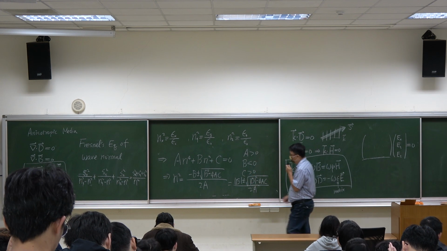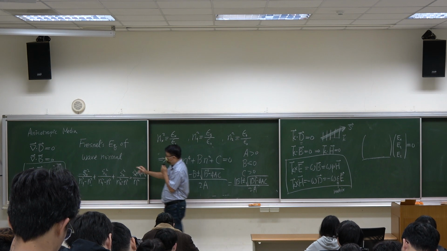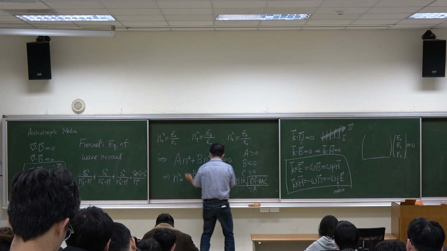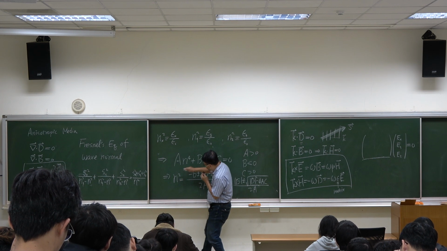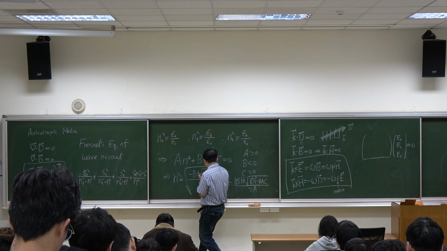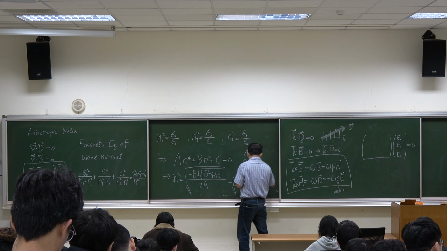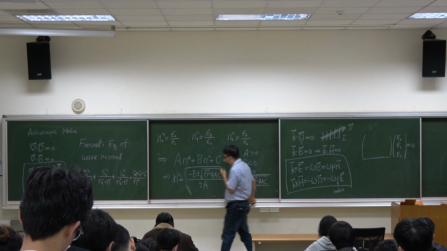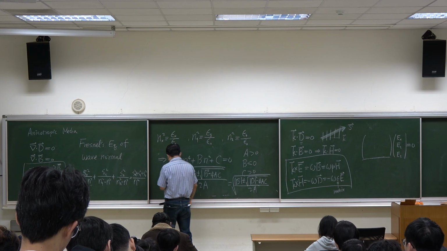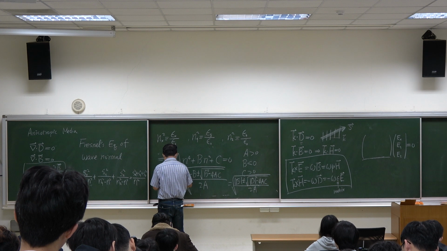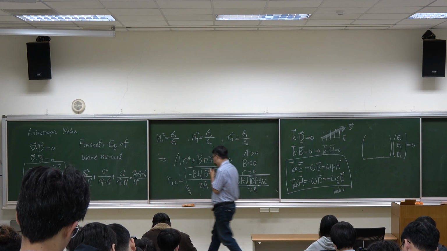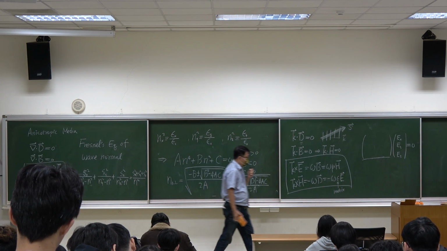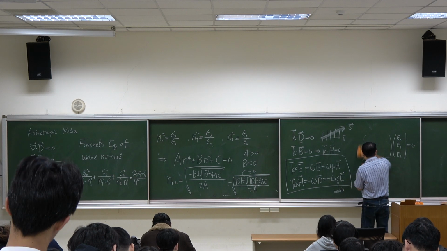So for a given propagation direction, you solve for the refractive index, and you get two possible refractive indices. So if I denote these two refractive indices as n1 and n2, then I can have K1 and K2.